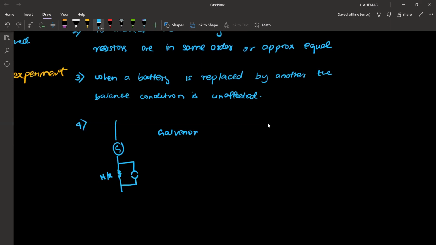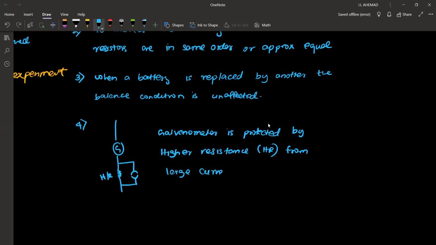The galvanometer is protected by the higher resistance, HR, from large current. Okay, is the idea clear?